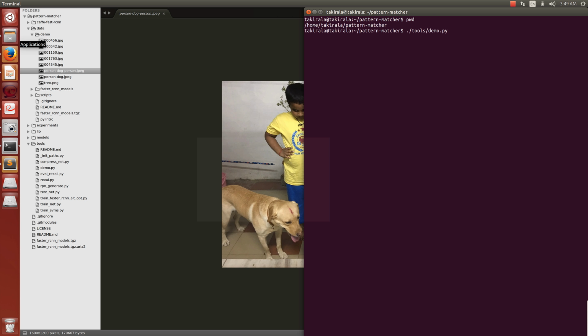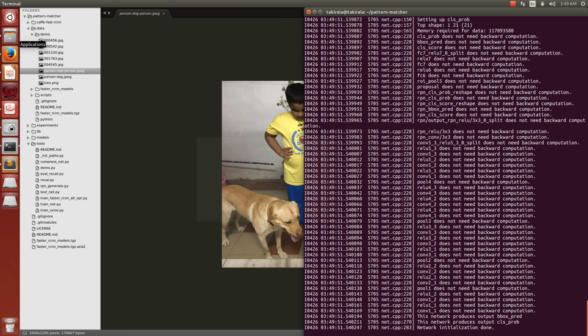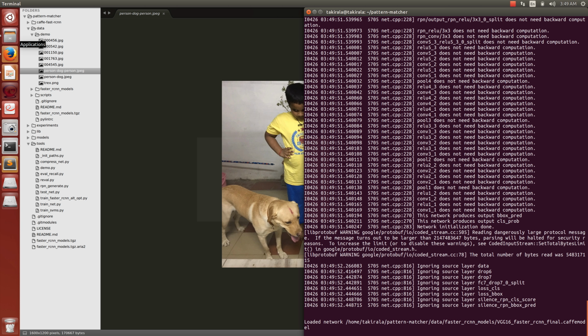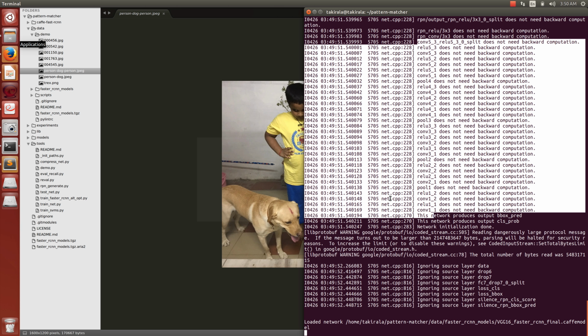Here I am just using CPU because we are doing a very simple task, and detection on fewer than 3-4 images only needs CPU. We can see some processing going on here. All these layers are part of the neural network that we have here.